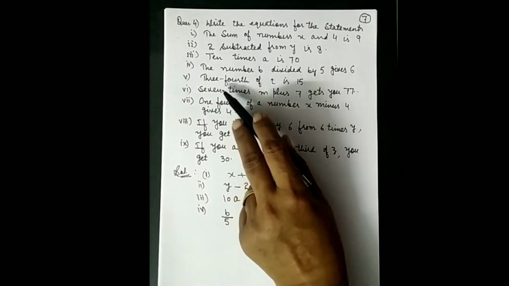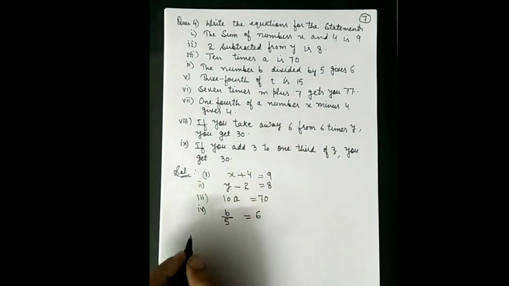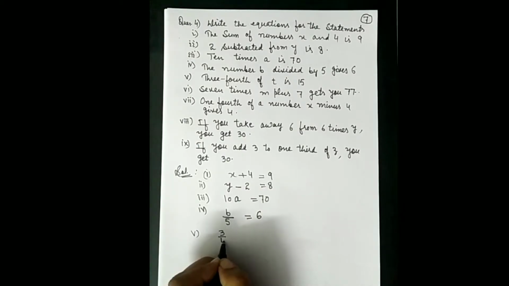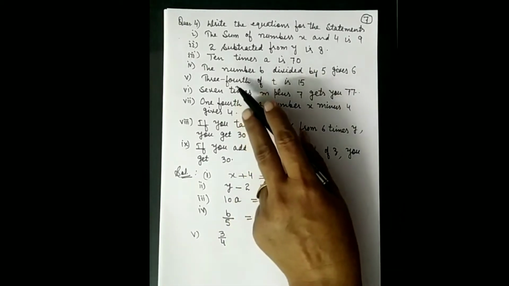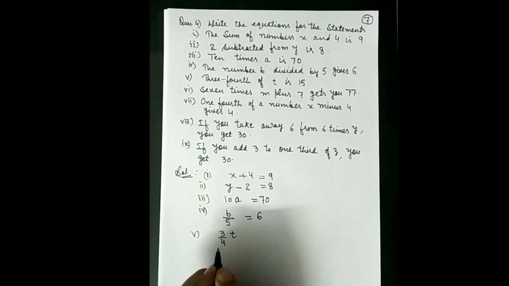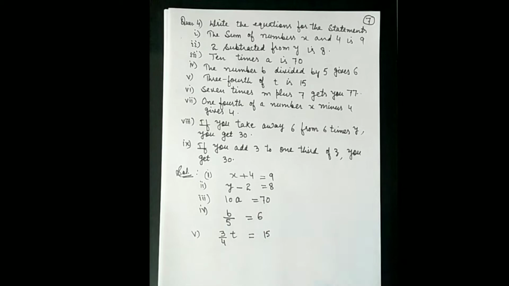Next, fifth part: 3/4 of t is 15. 3/4 means 3 by 4. 3/4 of t. Of means multiply. So 3 by 4 multiply t is equal to 15.